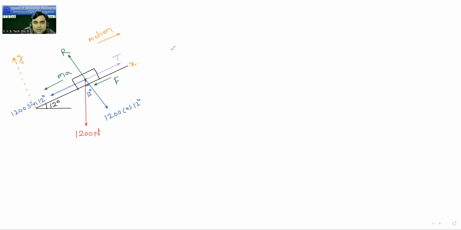Here it is R minus 1200 cos of 12. Nothing else is there, only two forces, equal to 0. Therefore R is equal to, what is the answer? Is it right? Yes. So this is the value of R, the normal reaction.